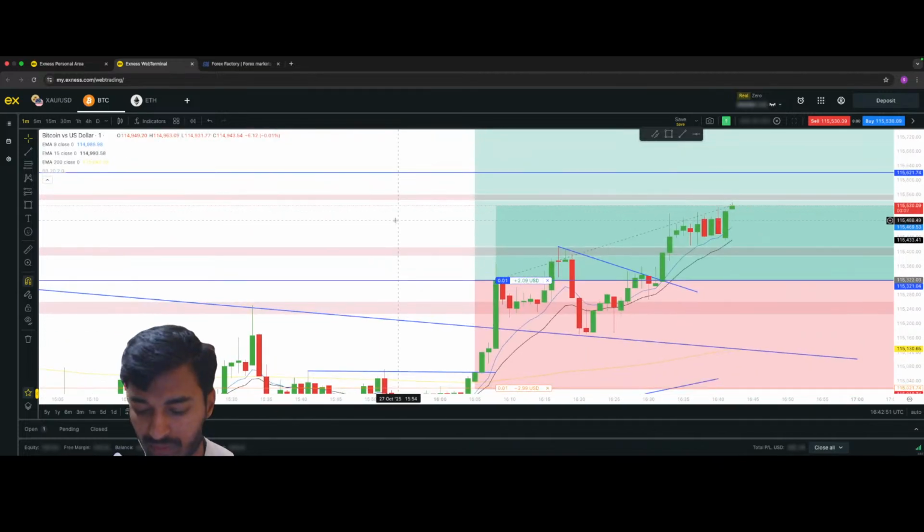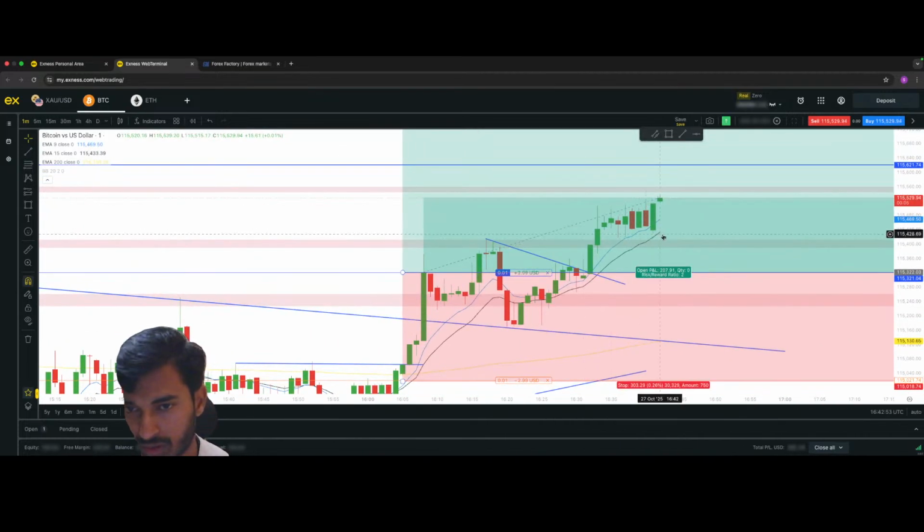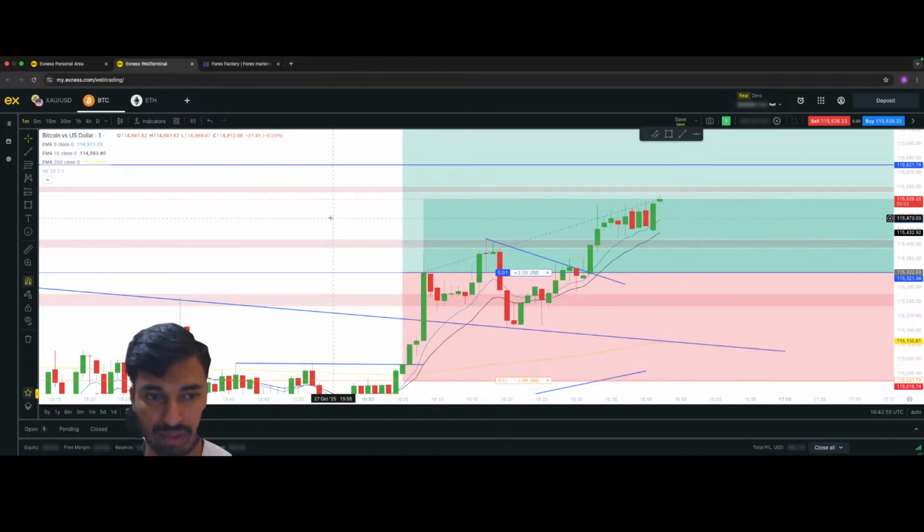Yeah, in the 1 minute time frame also it is taking support over here, the 9 EMA and 15 EMA.